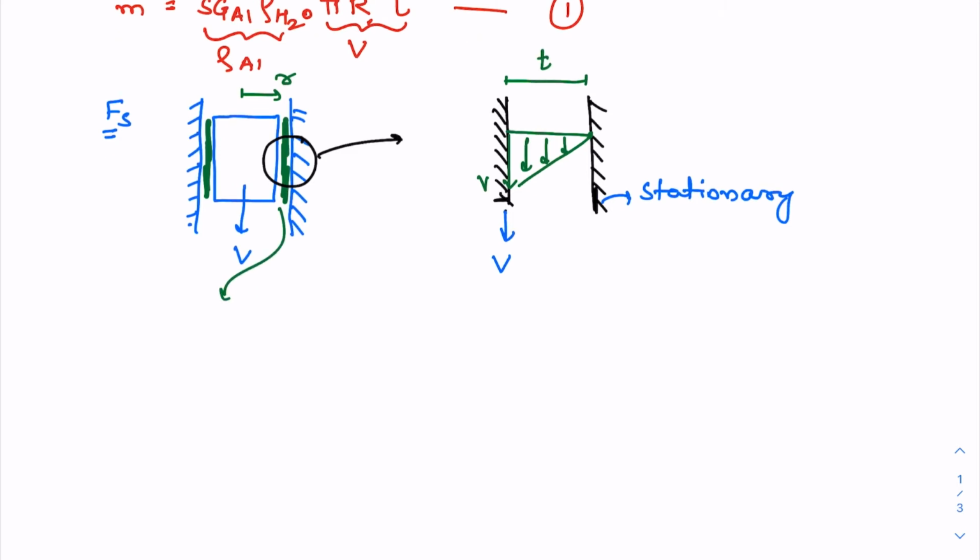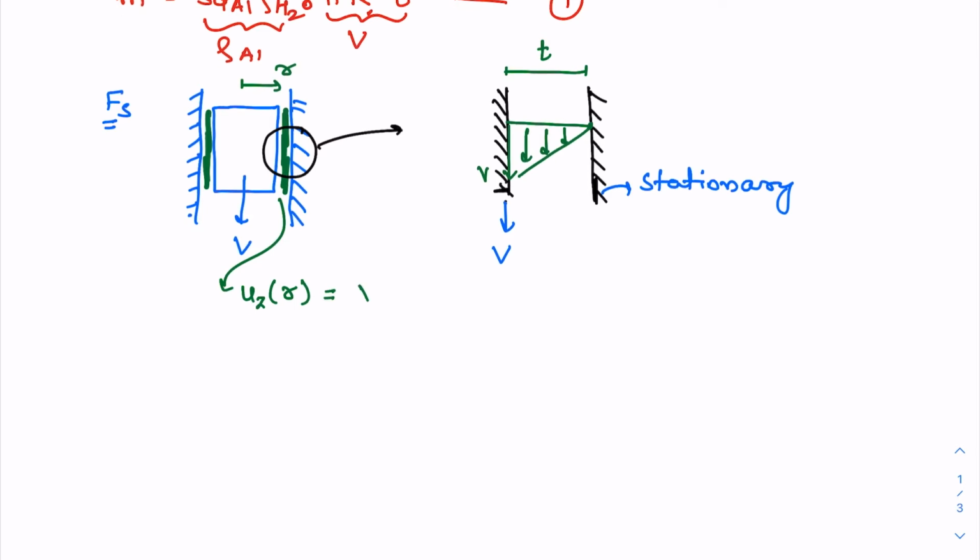Now we are told in the question to assume the velocity of this thin oil film to be linear. So I can write the z velocity of the fluid film as a function of coordinate r, and it comes out to be v times capital R minus small r divided by t. Here capital R is the radius of the steel tube, and t is the thickness of the oil film between the piston and the outer steel tube.